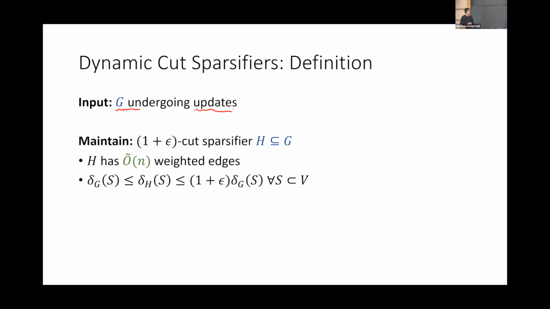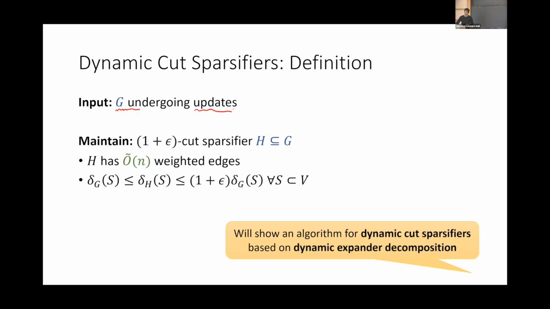And at every time, I want to maintain a cut sparsifier of the graph, which is defined like before. It has not too many edges, and every cut size is preserved. How do we do this? So let's see how to get this from dynamic expander decomposition.